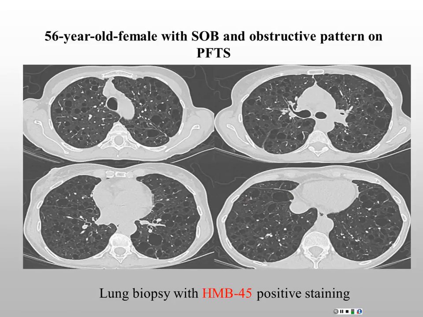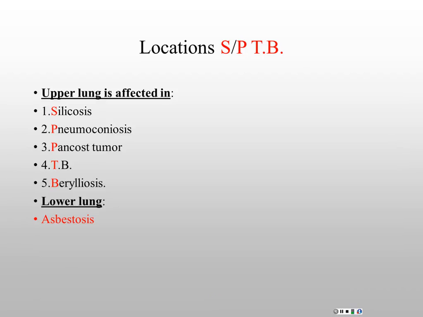This is a patient we had who presented with shortness of breath, obstruction. We can see the cysts in the lung. She had a biopsy, HMB45. If you remember, this is lymphangioleiomyomatosis. These patients can have chylothorax, they can have pneumothorax, and this is the stain, HMB45.